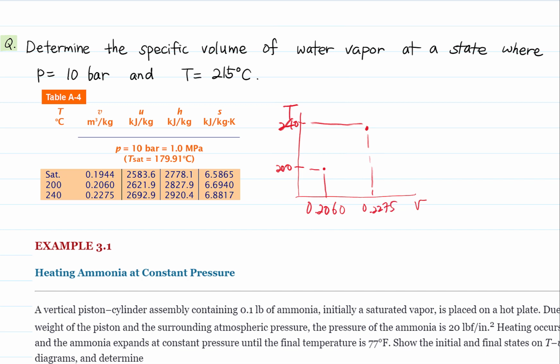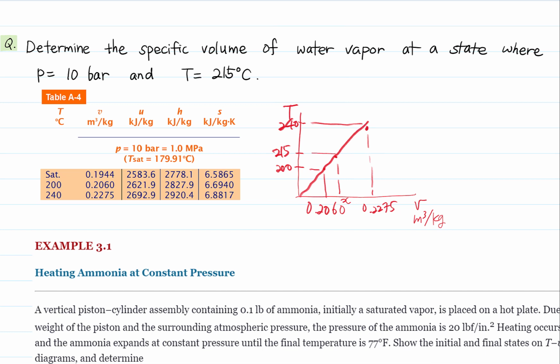The unit is meter cubed per kilogram. We want to determine the specific volume at 215 degrees Celsius. Let's say this is x. Assuming there is a linear relationship between the temperature and the specific volume, we have a straight line.